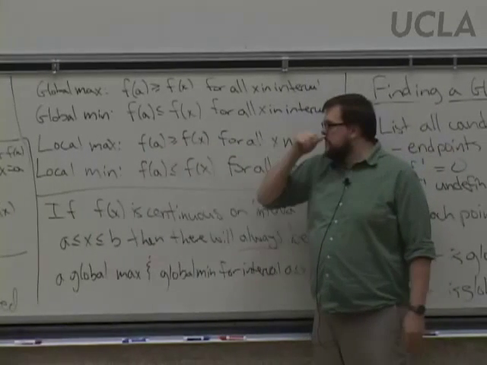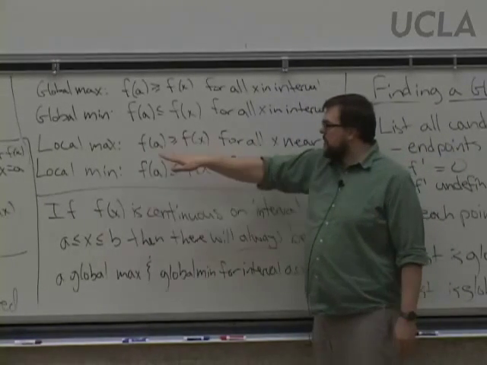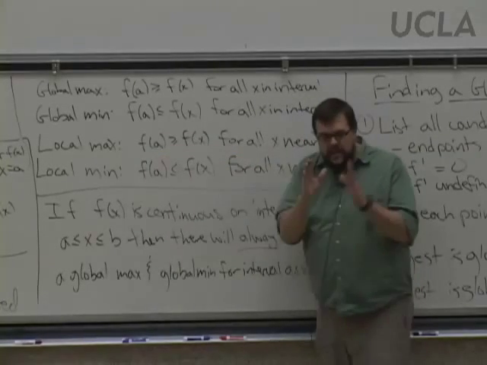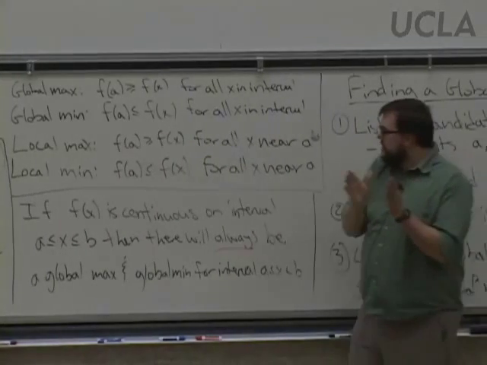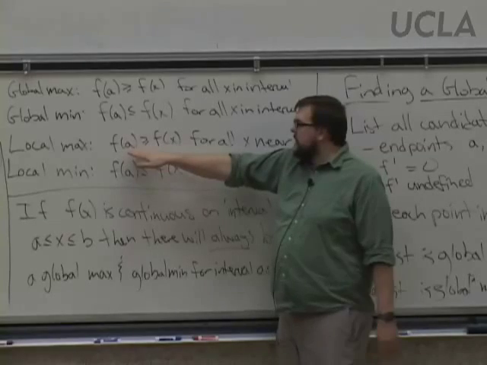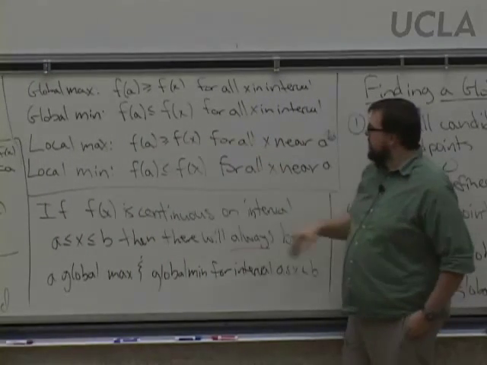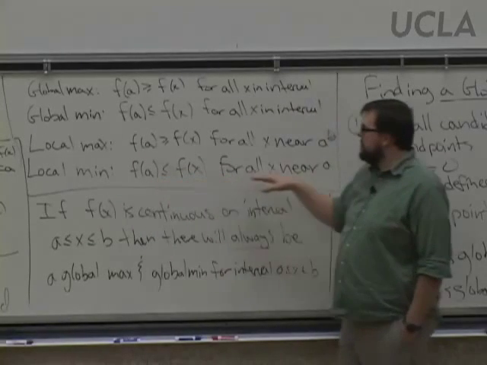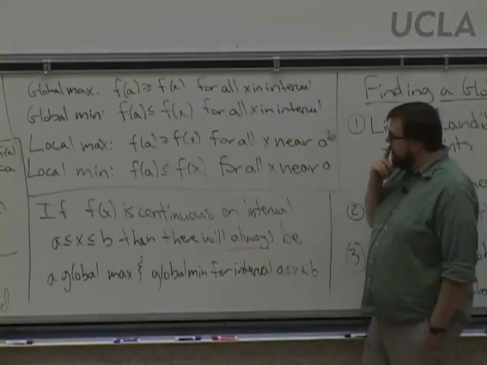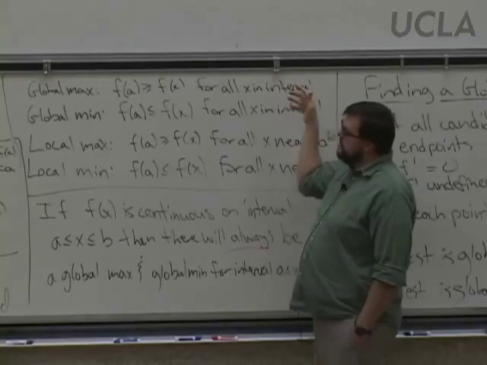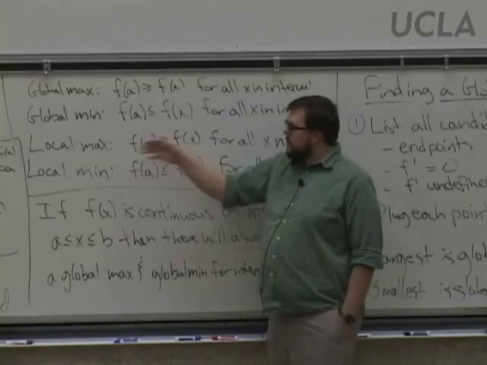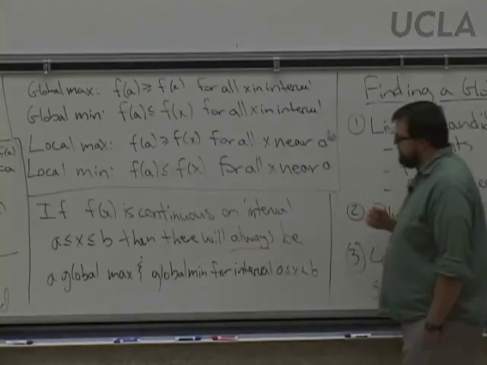So I would say a local max is one where if I look just close to a, narrow my vision, then I say, aha, it's larger than everything else nearby. And similarly, local min is smaller than everything else nearby. Our focus last time was on global max and global min, and we're going to talk about local max and local min a little bit today.